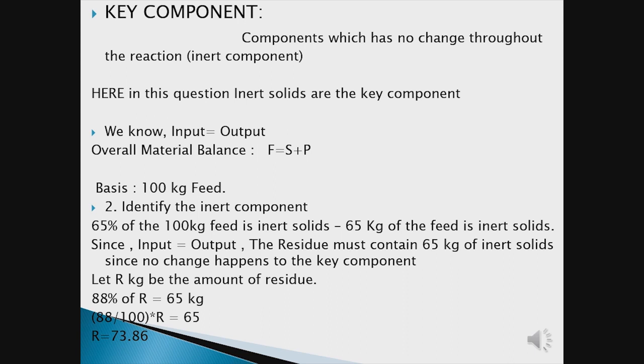Let R be the amount of total residue received. 88% of the residue is inert solids, as given in the question. We know the amount of inert solids in the residue should be the same as in the input, so 88% of the residue should be 65 kilograms.